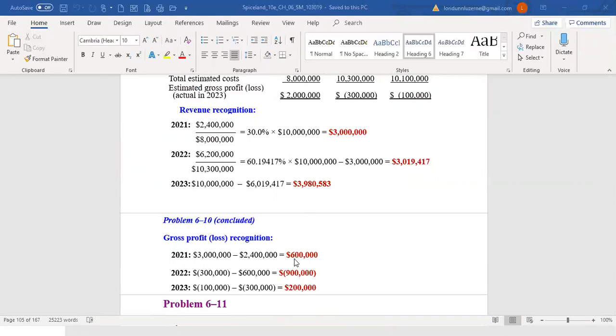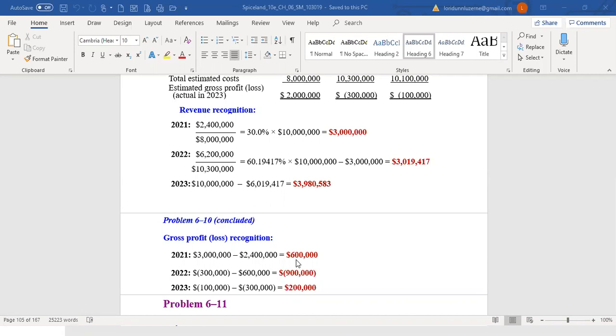So we're not even worried about how much in revenue and how much in expenses. We have to decrease the income statement in the year we feel there's going to be a loss on the entire project for that loss.